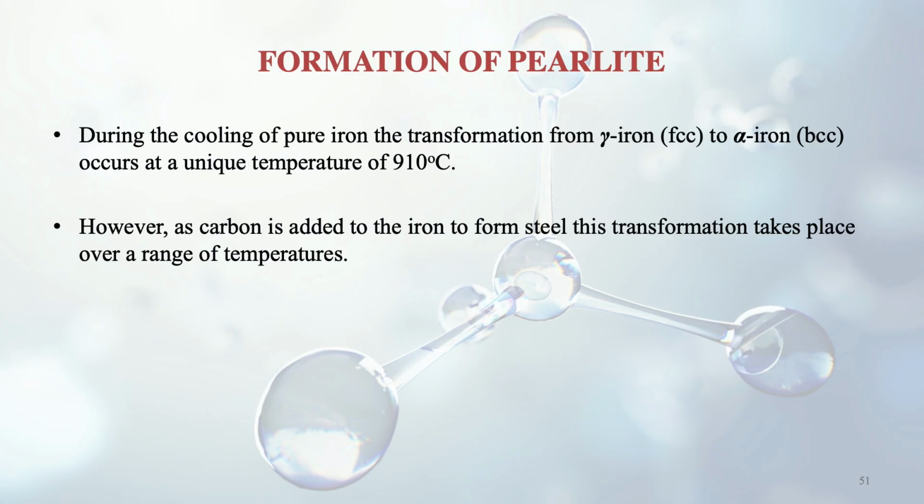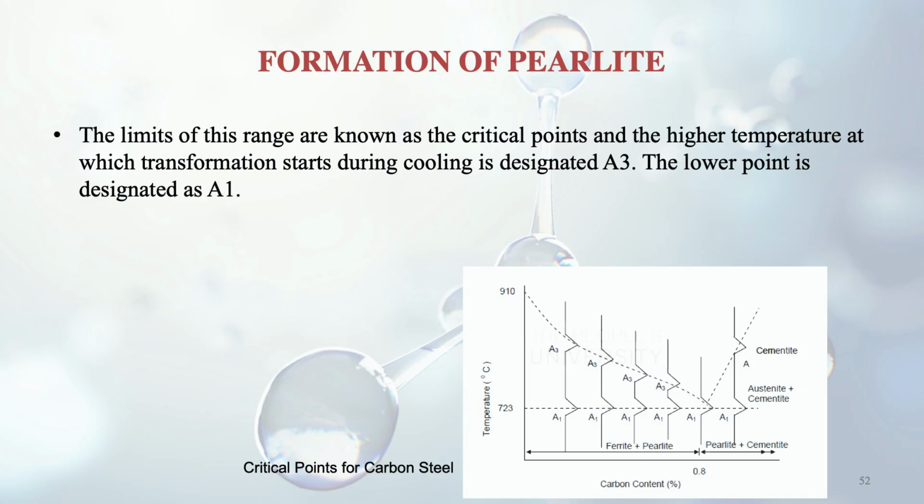However, as carbon is added to the iron to form steel, this transformation takes place over a range of temperatures. So as we go on adding carbon, the temperature range also changes. The limits of this range are known as the critical points, and the higher temperature at which transformation starts during cooling is designated as A3, and the lower point where the transformation finishes is designated as A1.